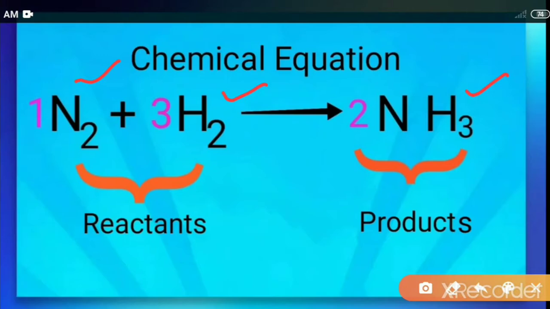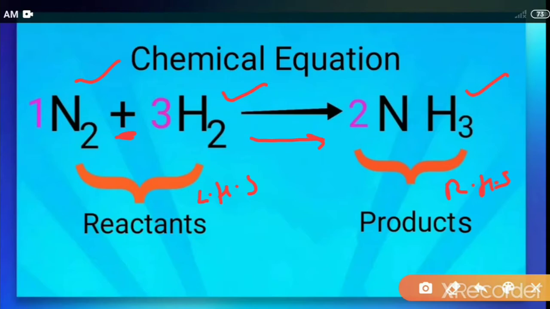Usually, in the examples you have seen in lower classes also, we used to write the reactants on the left hand side and the products on the right hand side. This is a way of representing a chemical equation, in which we write the reactants on the left hand side, put a plus sign in between the reactants, and between the reactants and the product on the right hand side we use an arrow sign.